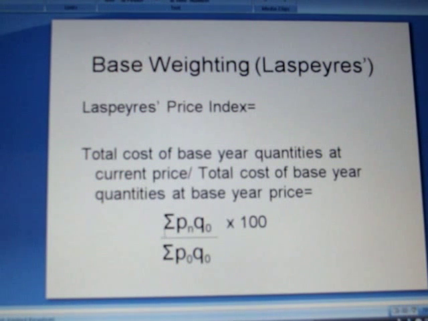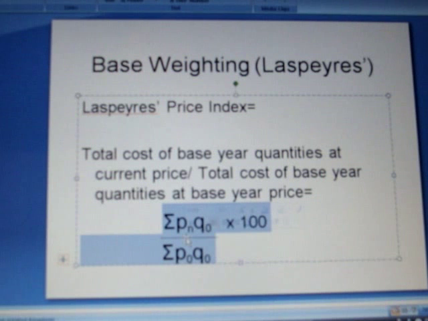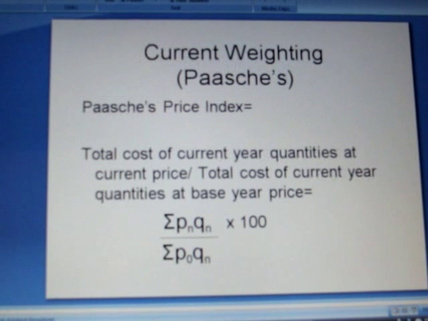So we can see that the element, the principle of price relative, Pn divided by P0, is always there whether we use the Laspeyres method or the Paasche method. Pn divided by P0 is always there.